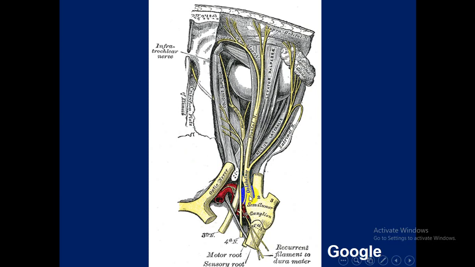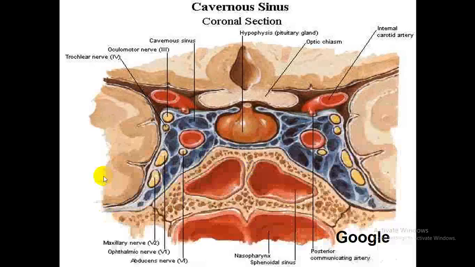It arises from the upper portion of the semilunar ganglion and runs forward in the lateral wall of the cavernous sinus, as we saw here, inferior to the trochlear nerve, as we know from this diagram.